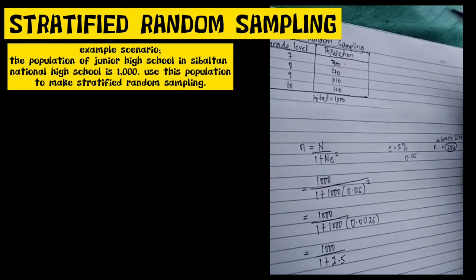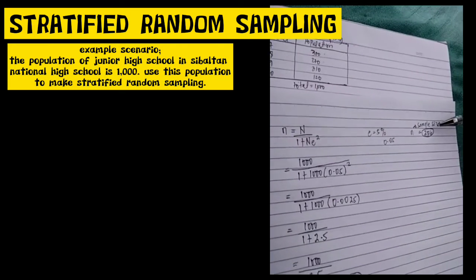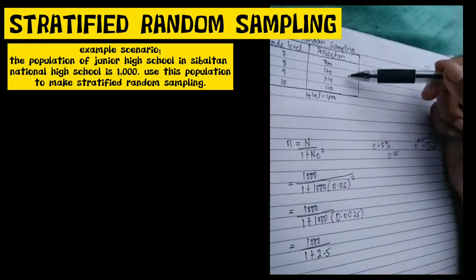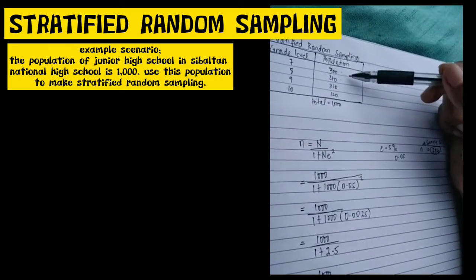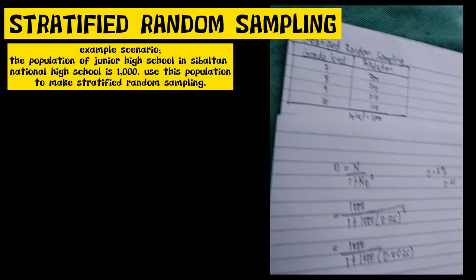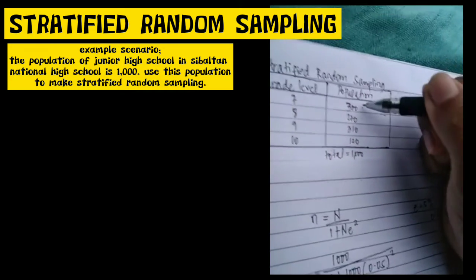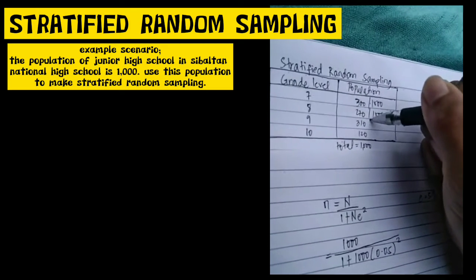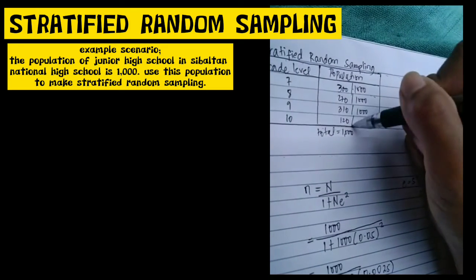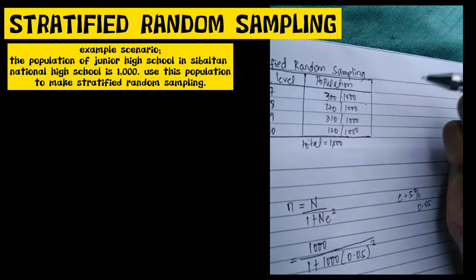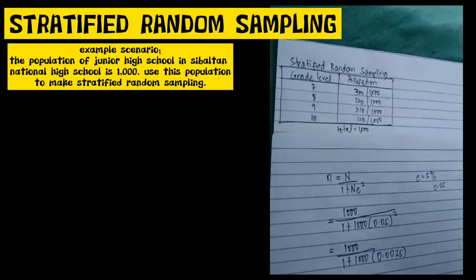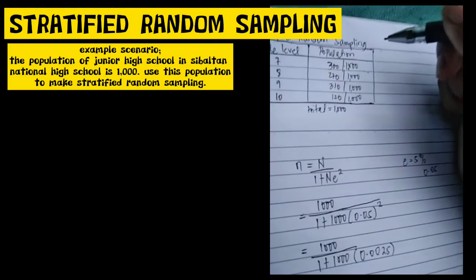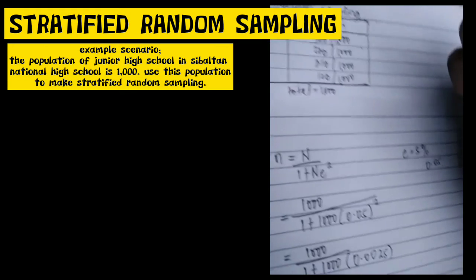Now, dahil nakuha na natin yung sample size na 286, itong population na ito ay i-divide natin sa 1,000. Imo-multiply naman natin siya doon sa desired sample size, which is 286.